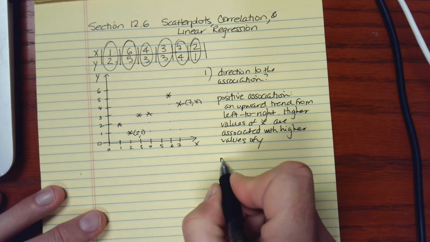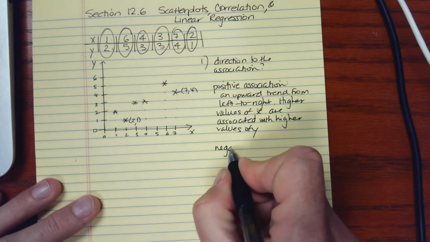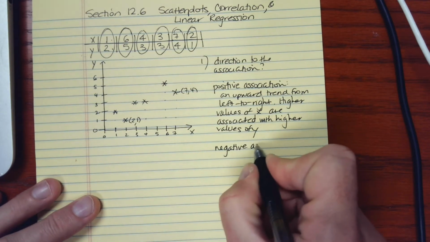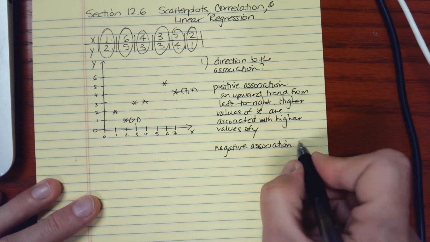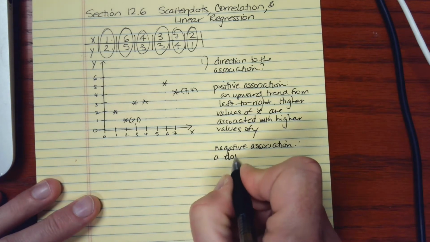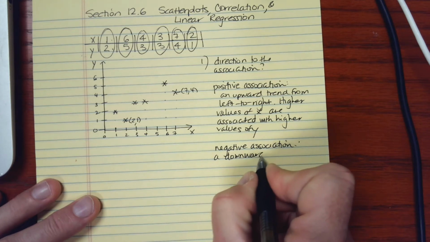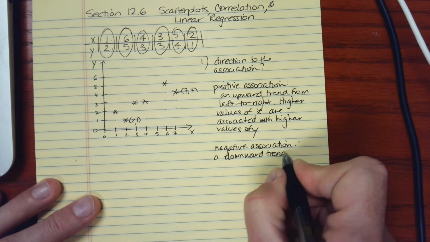With a negative association, we'll see a downward trend. And again, this is from left to right.